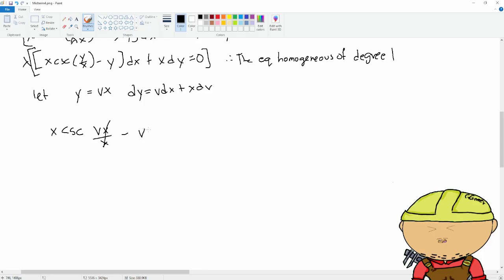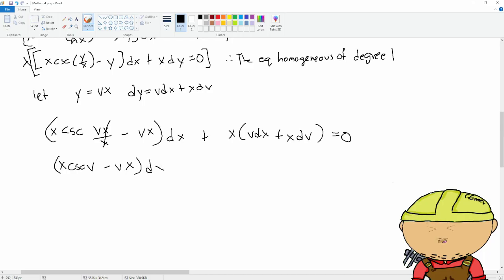Right, minus vx dx plus x v dx plus x dv is equal to 0. x cosecant v minus vx dx plus x v dx. Once we substitute our y equals vx, our variable v, it should be separable.